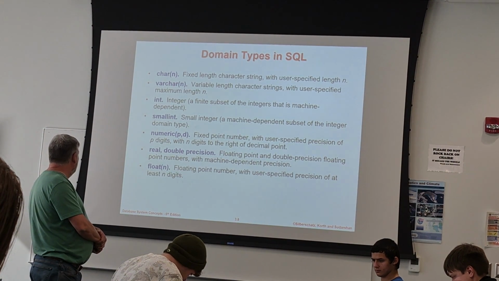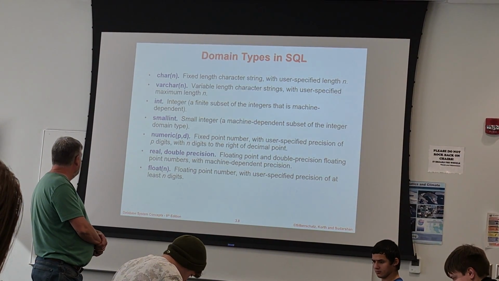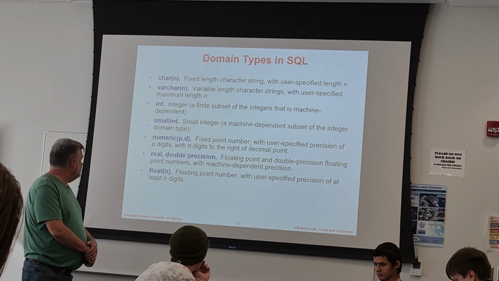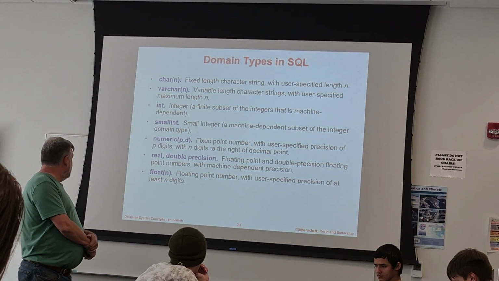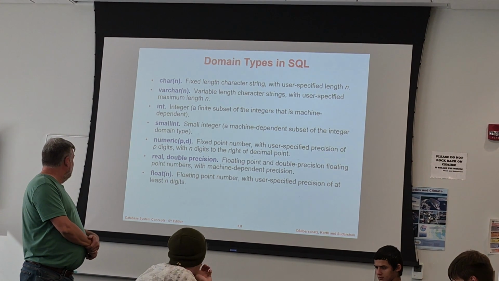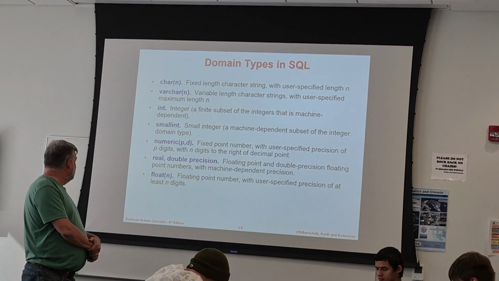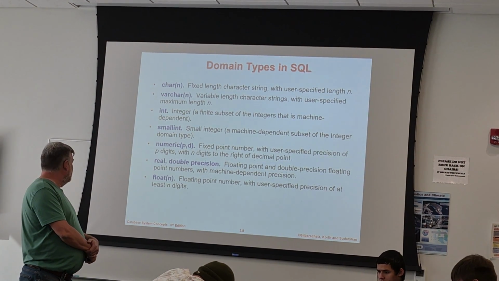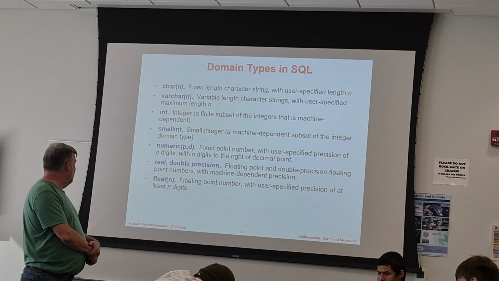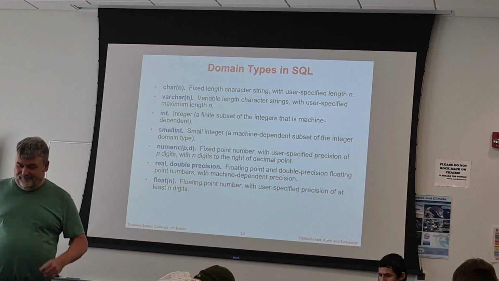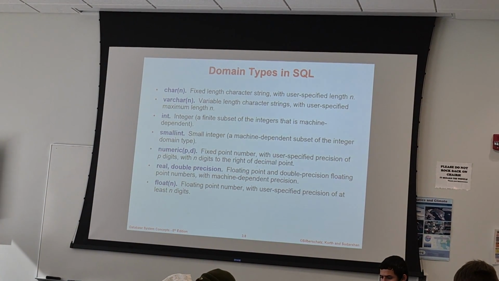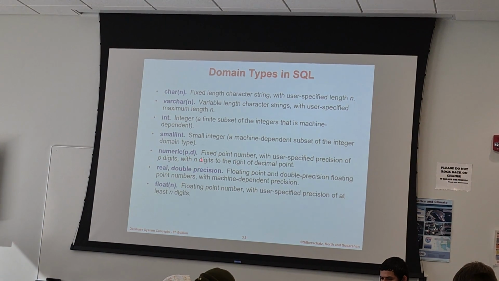I don't even know where n is coming from here. They probably meant d. Precision of p digits. I feel like p means left of the decimal and d means right of the decimal. But now I'm going to have to read the chapter to make sure that this is a misprint, but I'm pretty sure this is a misprint.